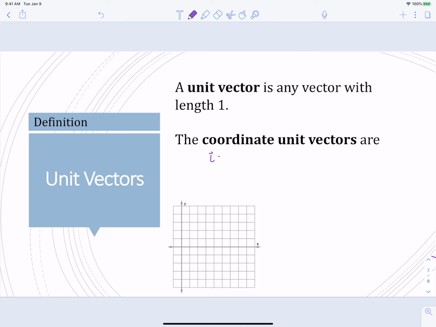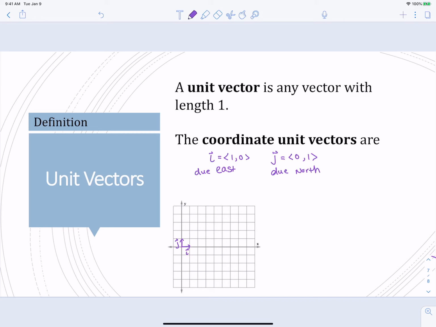We call them i and j. i is the vector 1, 0. j is the vector 0, 1. So i is that little fun vector right there, and j is this little fun vector right there. i is going due east and j is going due north.